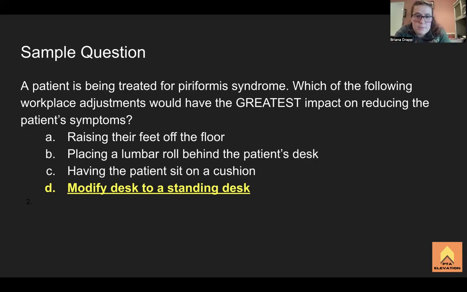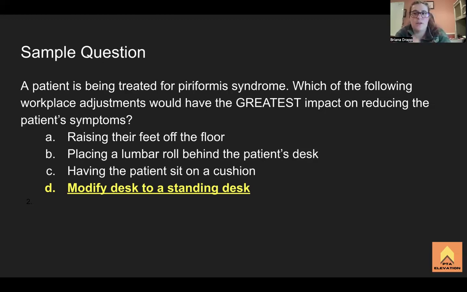So number 2 says placing a lumbar roll behind the patient's back. Sorry for the typo again. So what are we doing if we do that? That's going to give them lumbar support, which is great. You would want lumbar support with a patient to avoid any other complications they might end up having, for example a herniated disc or stenosis or something like that.